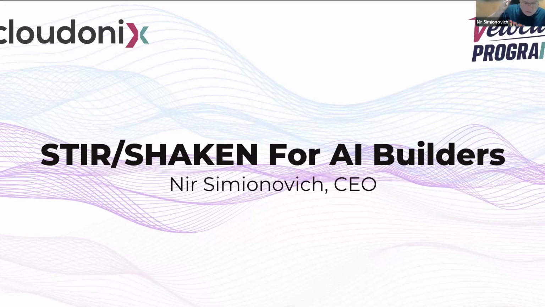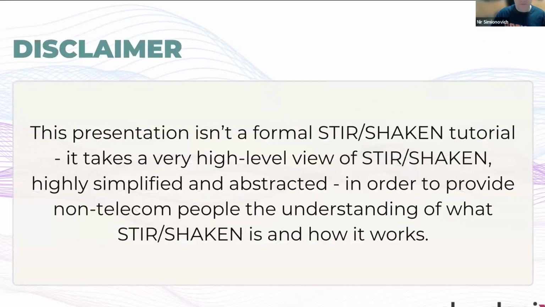So the objective is to understand STIR/SHAKEN right now, not so much from a telephony standpoint or how a carrier sees it, but more as how an AI agency has to look at STIR/SHAKEN when they're building outbound voice agents, which is very important.